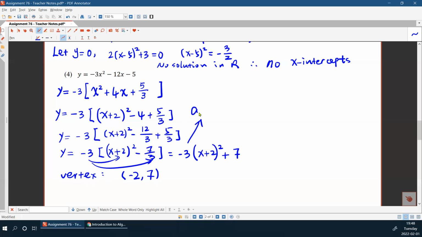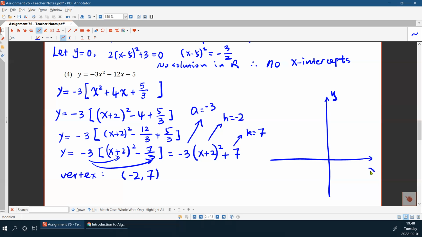As you can see here, leading coefficient A is negative 3, and H is negative 2, K is 7, right? So the vertex is negative 2 and 7. Okay, so now we can mark the vertex on the 2D Cartesian plane. So negative 2 is about here.